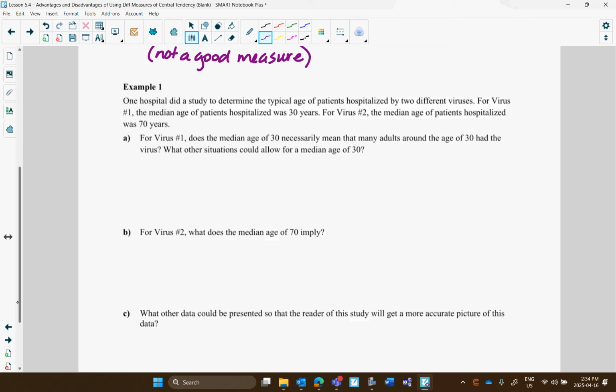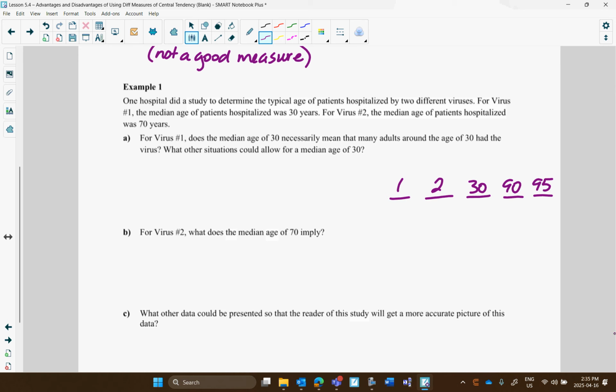So if it's 5 numbers, this must be 30, right? Because it's the middle number. These have to be lower than 30. Sure. Yeah, there's an example right there.